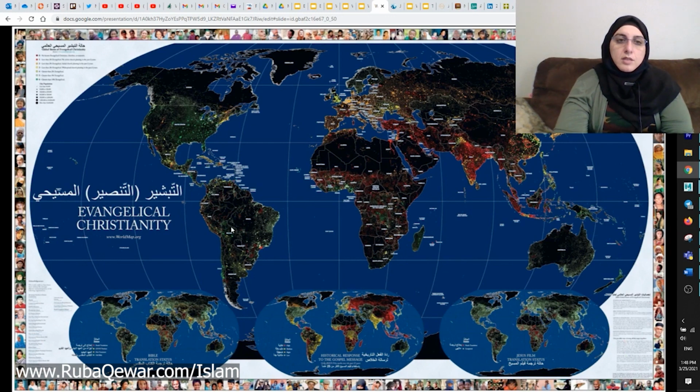Okay, so this is the world map, and you will see this world map in almost every single theological seminary. You can see it in some places, even in Christians' homes, and so on. And you see the three little maps over here, and I will explain each one separately.